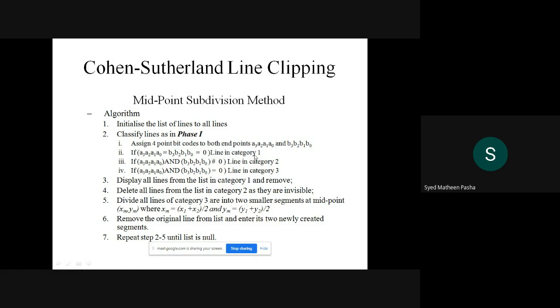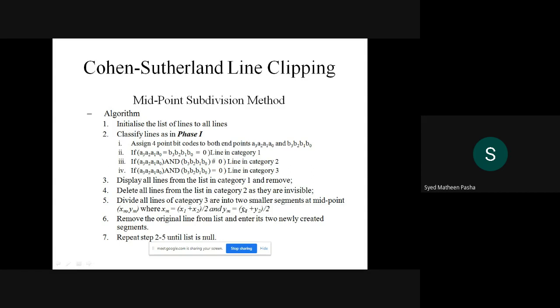After checking in which category the line lies, it will check the next condition. It will display all the lines from category 1, and then delete all lines in category 2 from the list, which are actually invisible, then divide those lines for category 3. Once the category division is done, each line is separated.